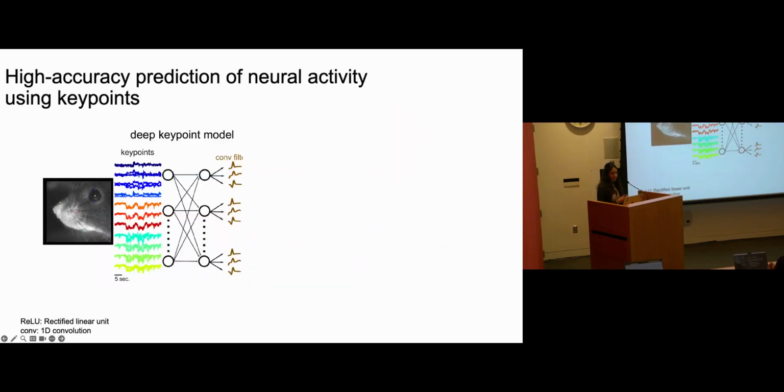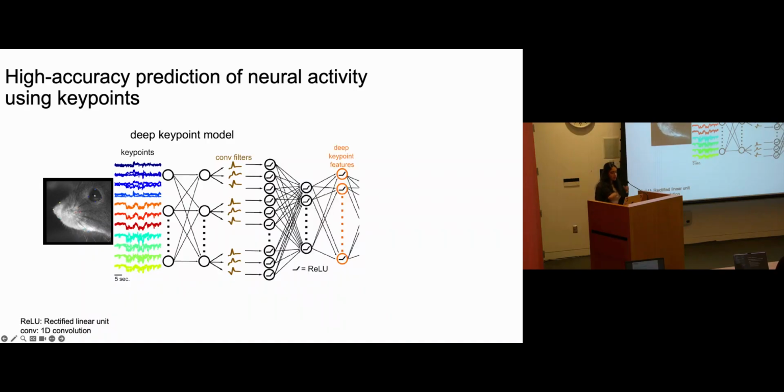I'll briefly describe how we came about this model. The previous linear model did not have temporal information. So in this case, we feed in our key points and they get passed through 1D temporal convolutions, hoping to capture the temporal dynamics of behaviors.